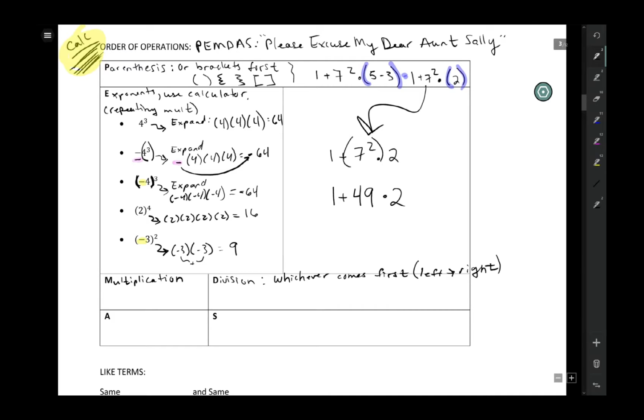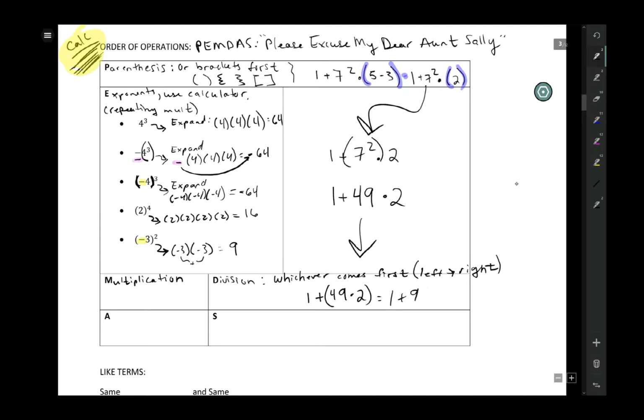Okay, so it might be that you divide first, or that you multiply first. Whichever one comes in order. Multiplication, division. So if we were to take this from here, we would have 1 plus. We would then take 49 times 2. That's what we're tackling, and 49 times 2 is 98.